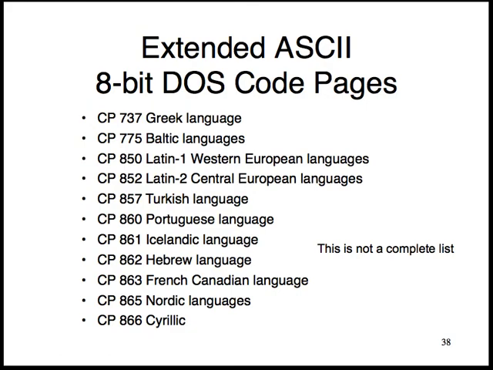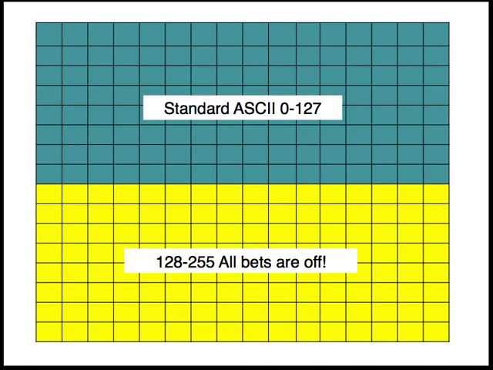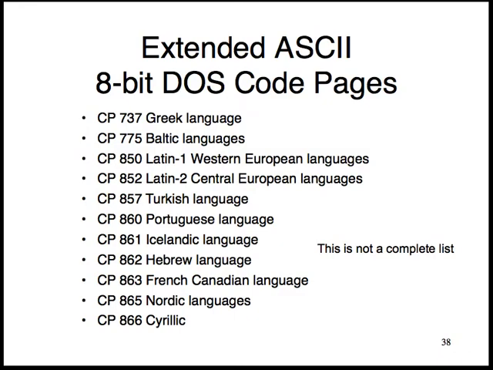You had CP 850, Latin 1, Western European languages. Again, 0 to 127, standard ASCII, 128 to 255, all the French, Spanish, Portuguese stuff is probably thrown in there. You can see there's a whole bunch of them. Look, Portuguese got its own one, Icelandic got its own one, Hebrew had its own one. Canadian French got its own one separate to French.